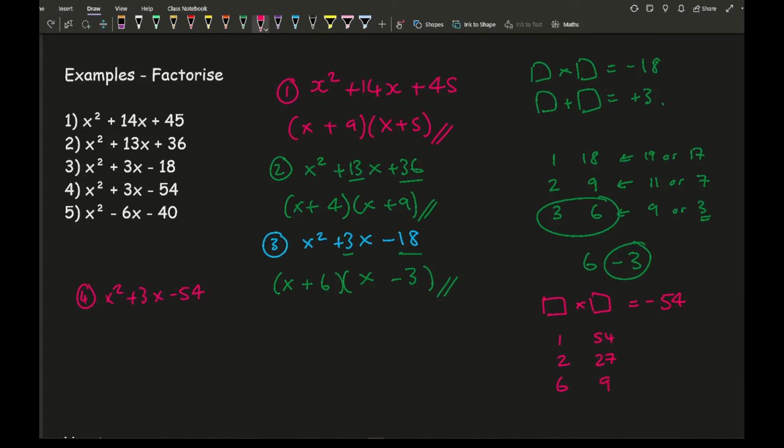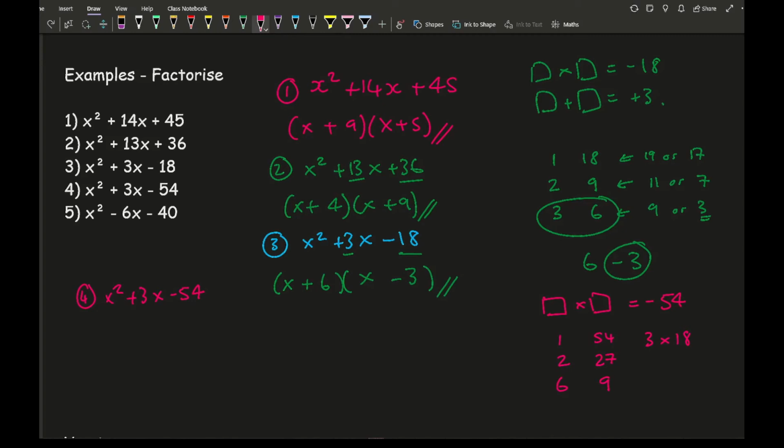I'm sure 3 would go into it. I've got 3 times 18. Can I divide 4? No, I think that's pretty much the combinations that I've got.